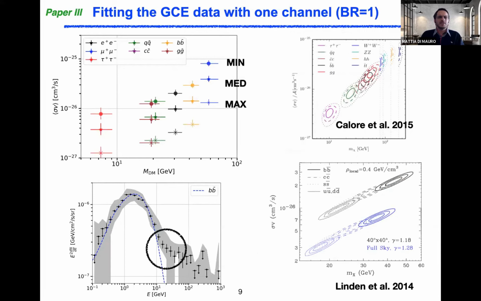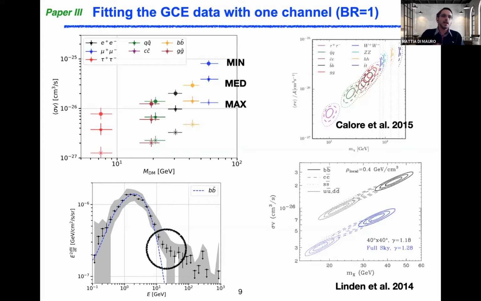Okay, now that we have derived the dark matter density profile, or some range of possibilities, we can fit the spectrum of the galactic center excess, and we try a simple scenario with the branching ratio equal to 1, so a single channel. We test annihilation because the decay would have a very high gamma that is very difficult to interpret with n-body simulations.